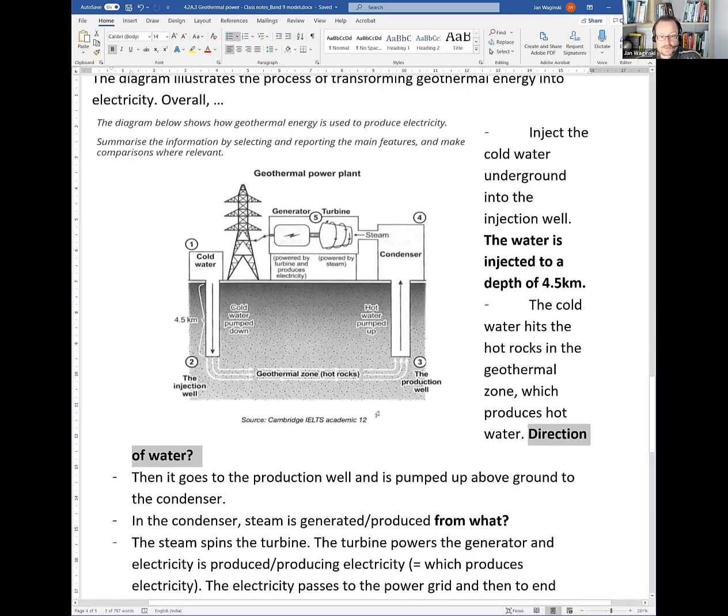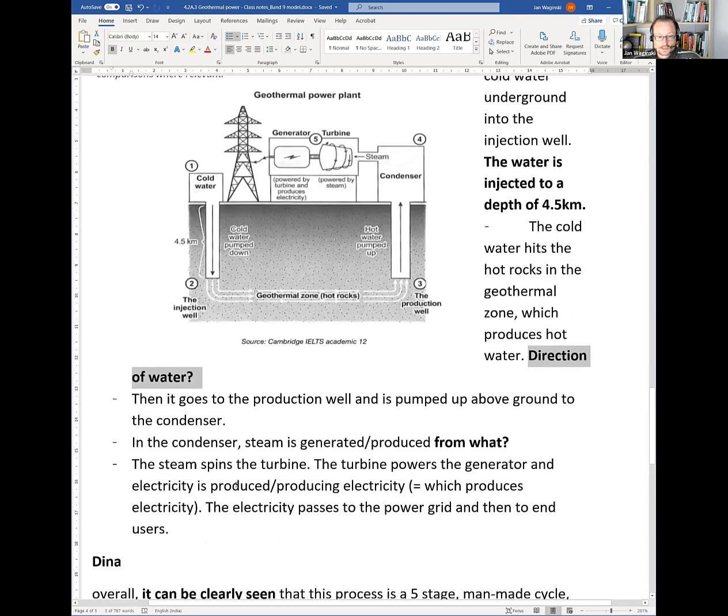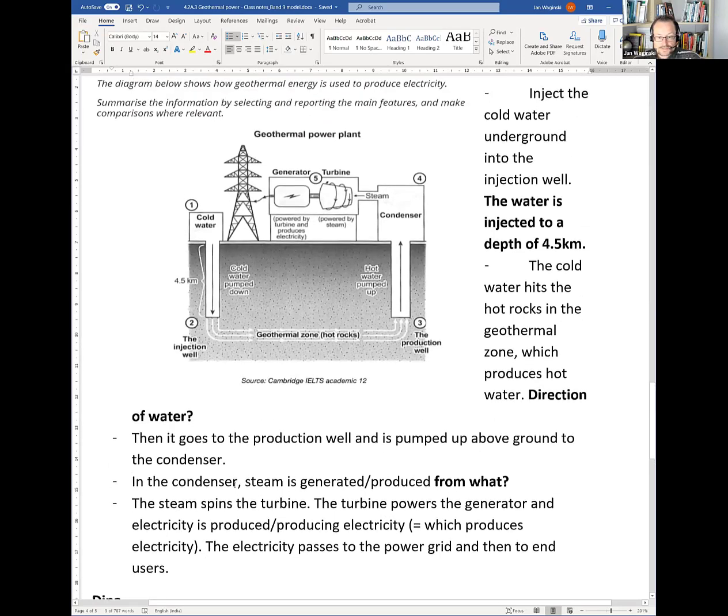I'd say that's worth mentioning, especially because it's going to be tight for the word count. And in the condenser, we said steam is generated or produced, but what is it produced from? From hot water.